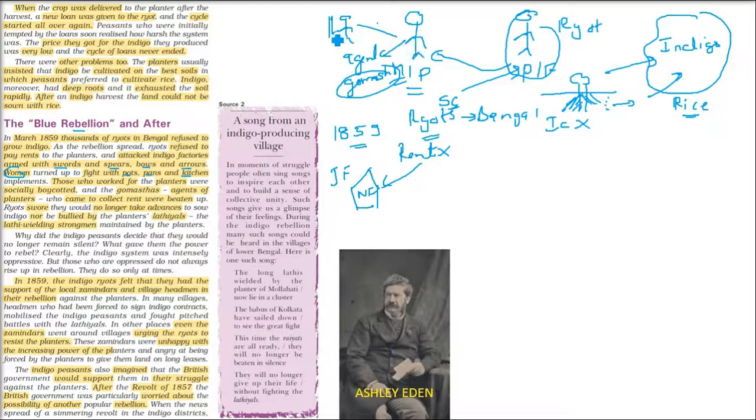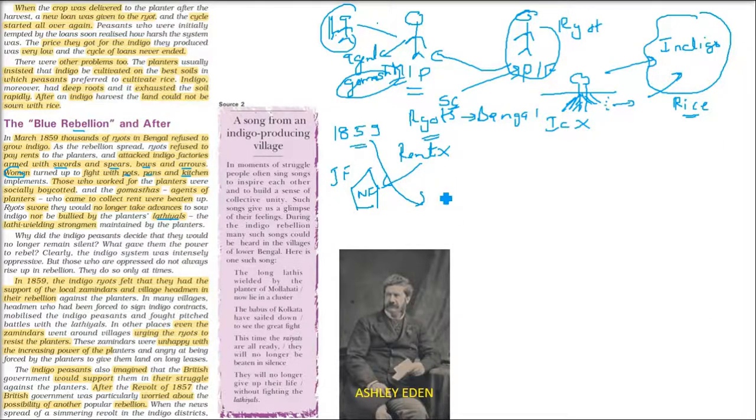Lathials means people who have a lathi or wooden stick, and they beat people with this. Their only work is muscle power. Now the rioters were not afraid of these lathials. Even the lathials were beaten up by these rioters, because they were in so much distress. These rioters were against anyone related to indigo.